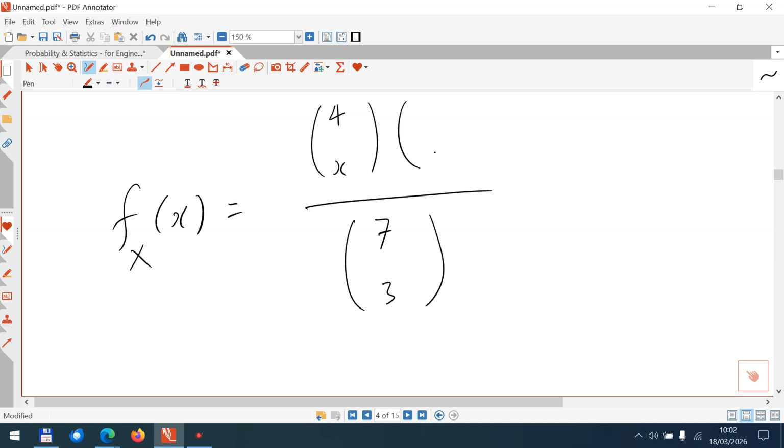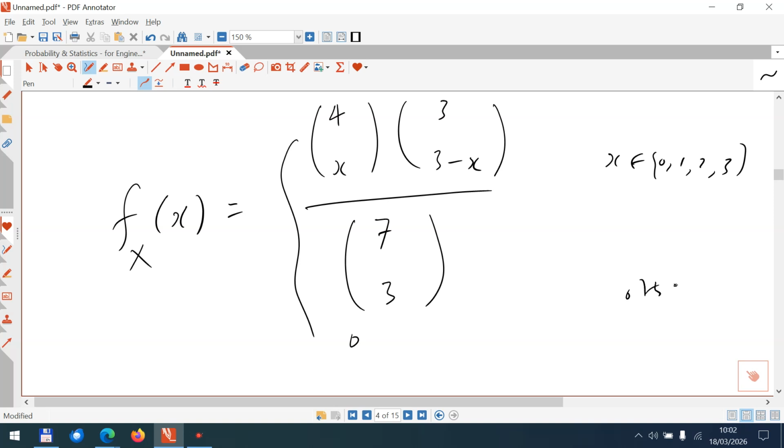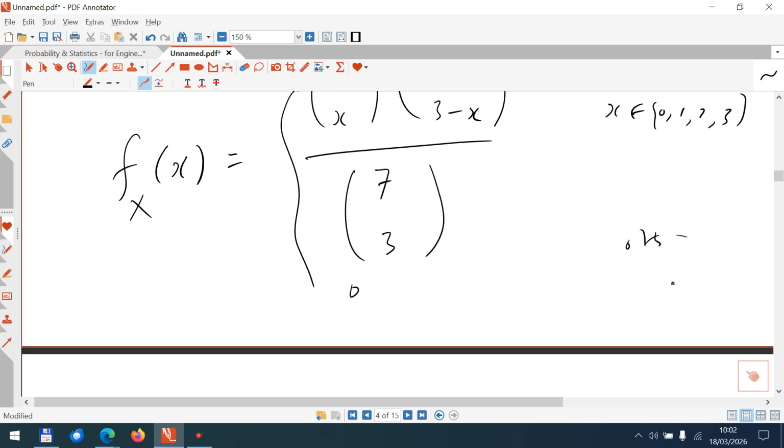And the bad components, which is 3 minus X, because 3 are selected from the lot. So 3 minus X will be bad components, and they can only be brought from 3 components. This will be the case when X belongs to 0, 1, 2, 3, and otherwise it will be 0. Now you have everything.